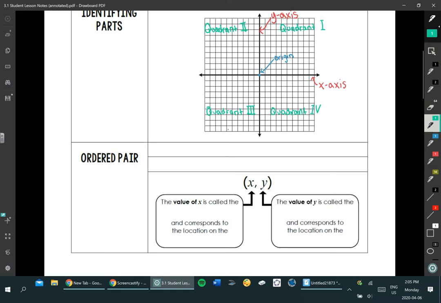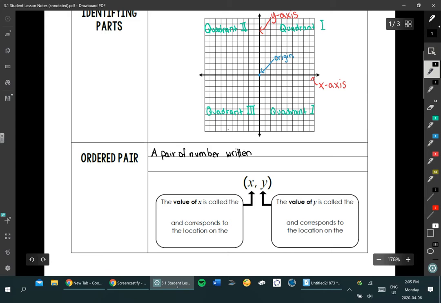An ordered pair is a pair of numbers, obviously, written in the form bracket x comma y close bracket. Okay, the brackets, the comma, they're all needed, okay? If you forget the brackets, if you don't include a comma, then you're not writing an ordered pair properly, okay?